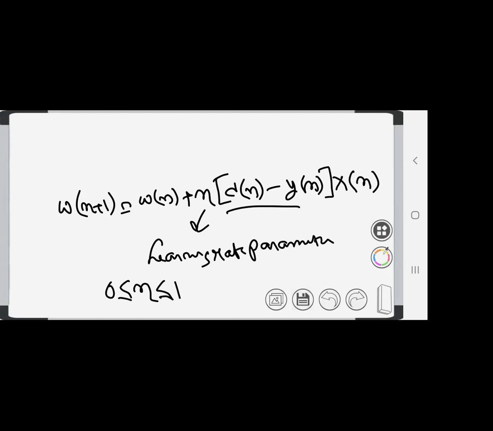When we assign a value to it in this range, we must keep two things in mind.